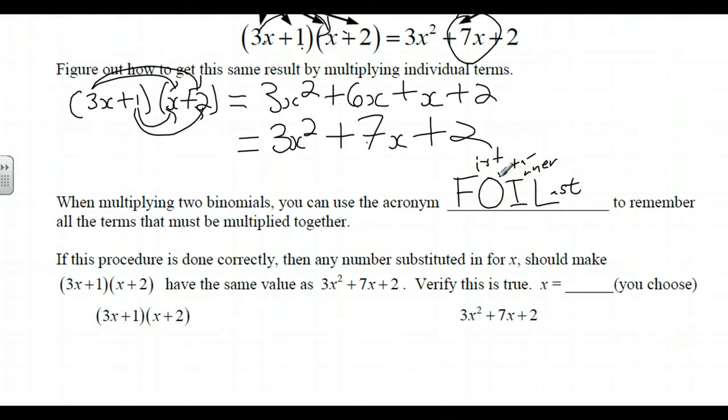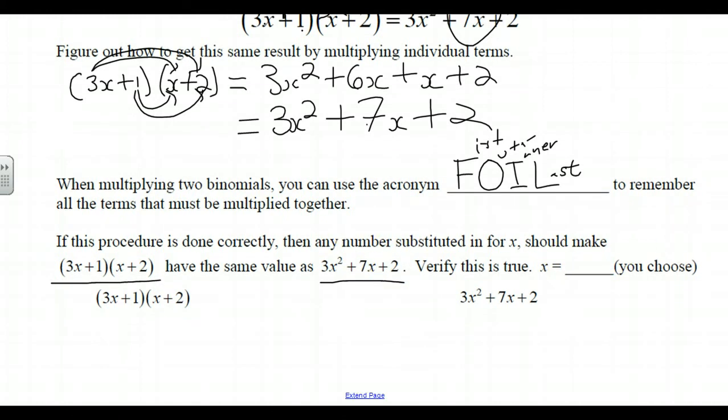If this procedure is done correctly, then that means that this factored form and this simplified form always have to have the same value. Verify this is true, choose a value of x. So you pick a reasonable value. I'm just going to go with x equals 4.